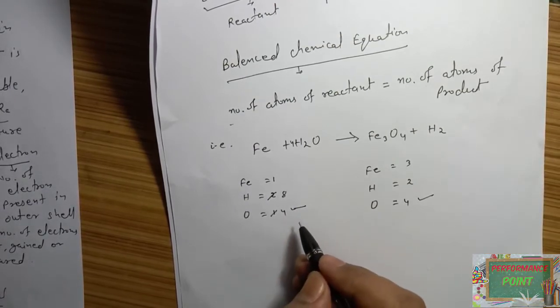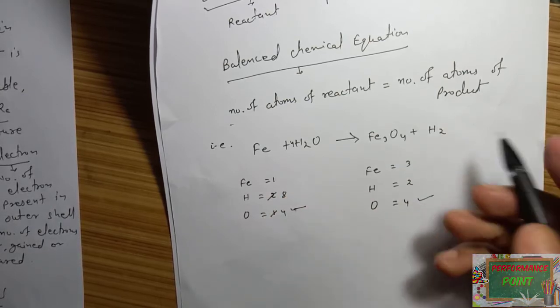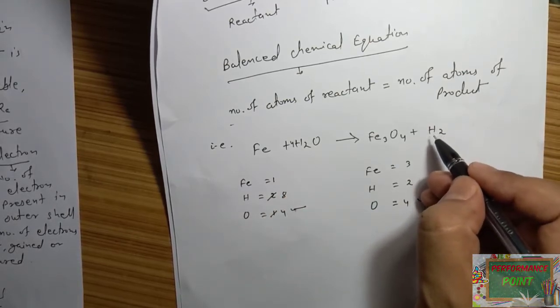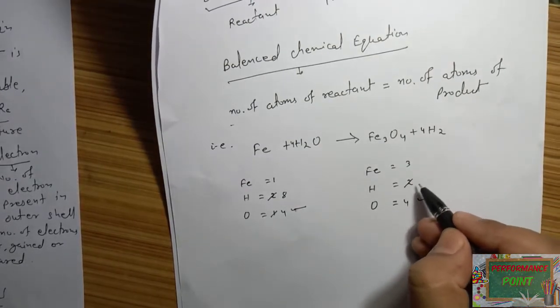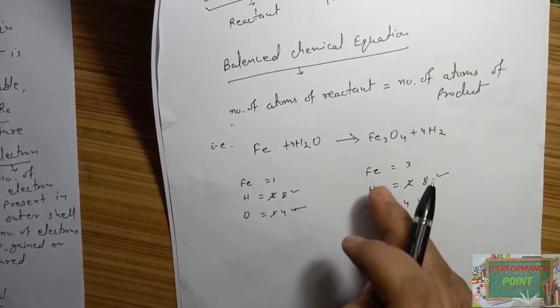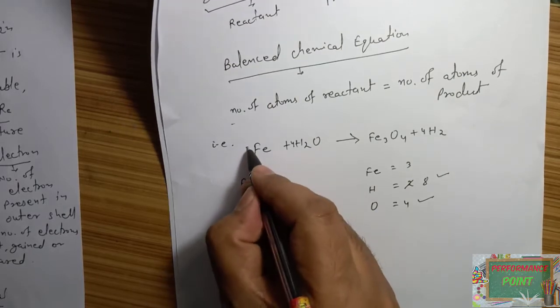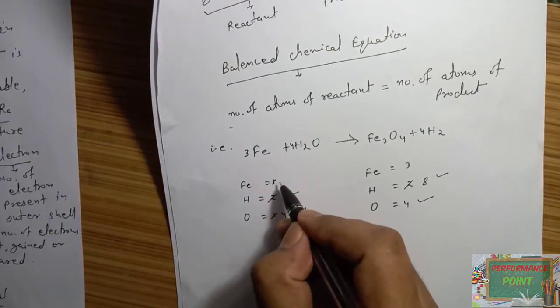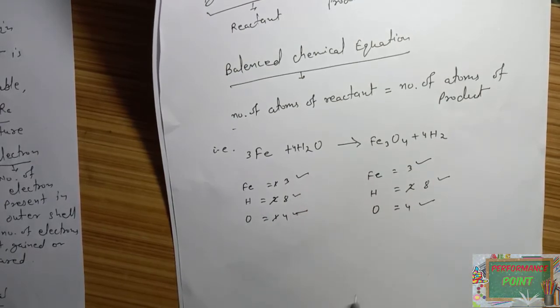Now hydrogen is 8 here and 2 there, so we plug in 4 before H2, making it 8, so this is also done. Now iron is 3 here and 1 there, so if we plug in 3 before Fe, this is also done. So this is how to balance the chemical equation.